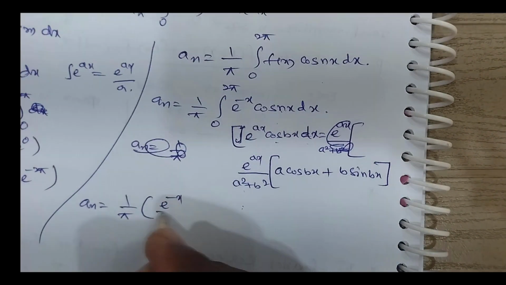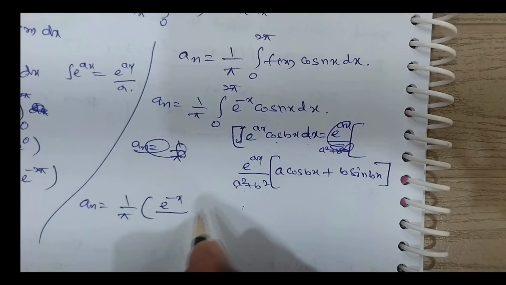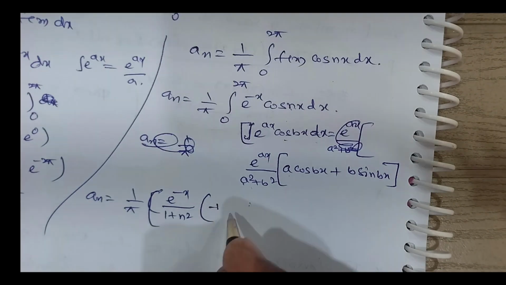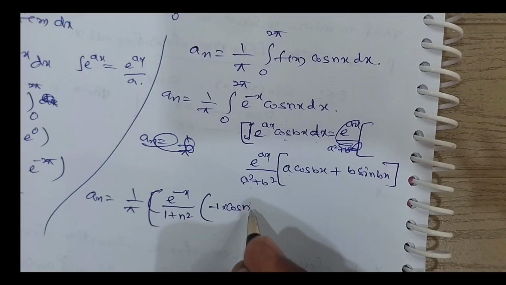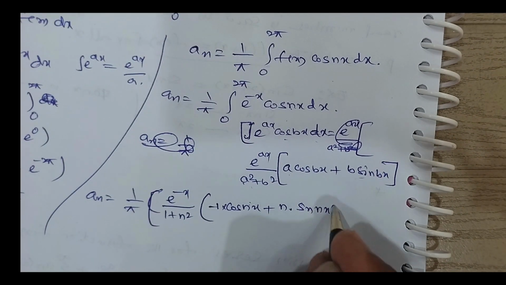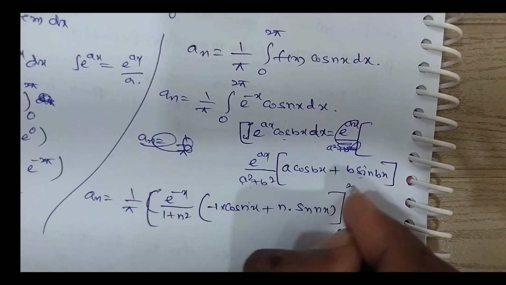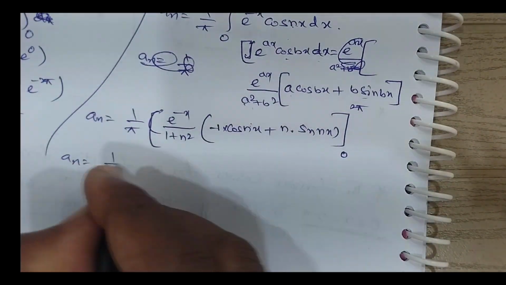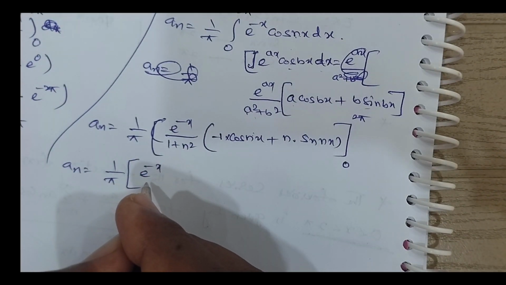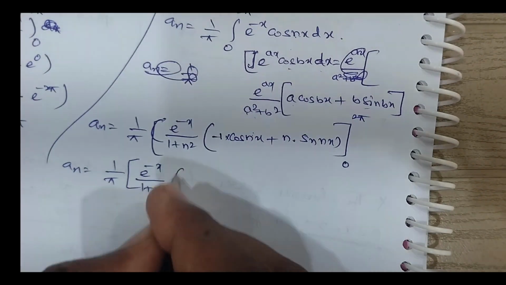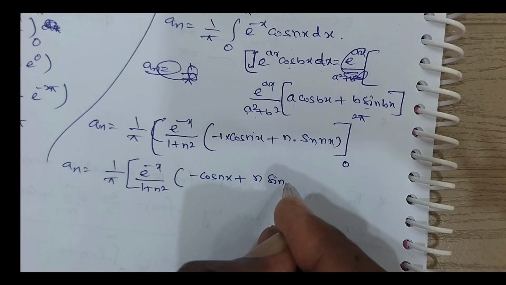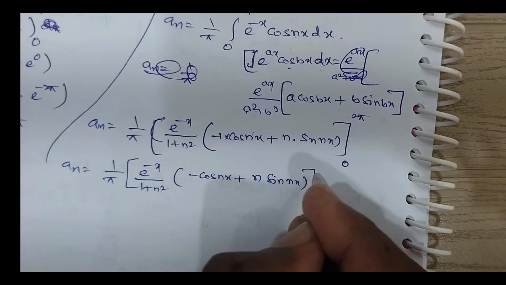So e power minus x by 1 square, that is 1 plus n square, into a means minus cos nx plus b means n into sin nx. Limits 0 to 2 pi.